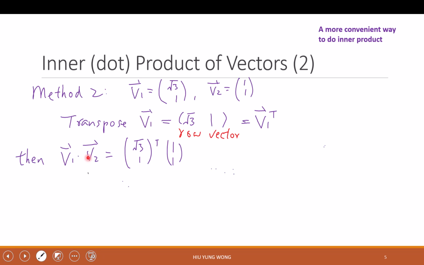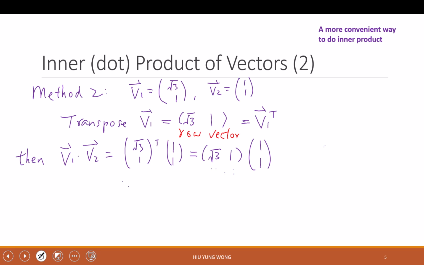V1 dot V2 means the inner product of V1 and V2. And I say that it is the transpose of the column vector V1 times the column vector V2. Let me write out the result, then it will be easier to understand. I take the transpose, it becomes square root 3, 1 times 1, 1.